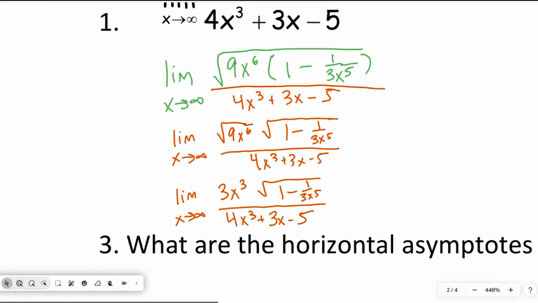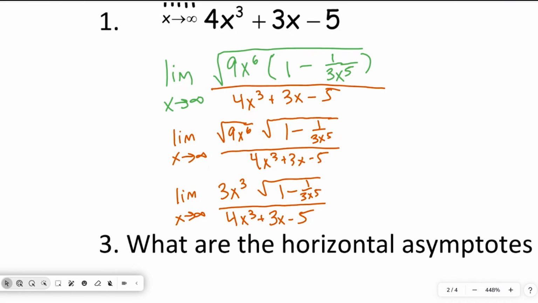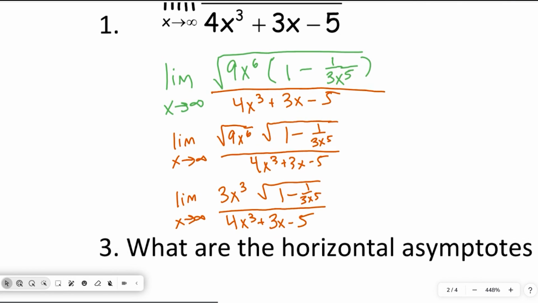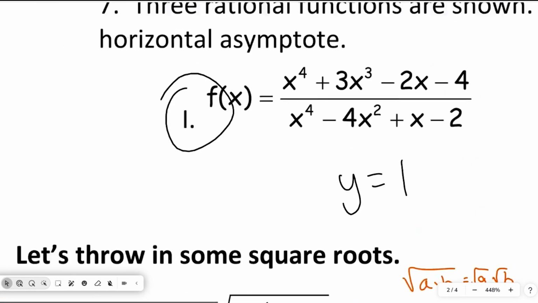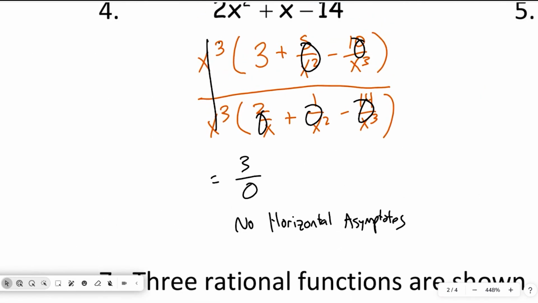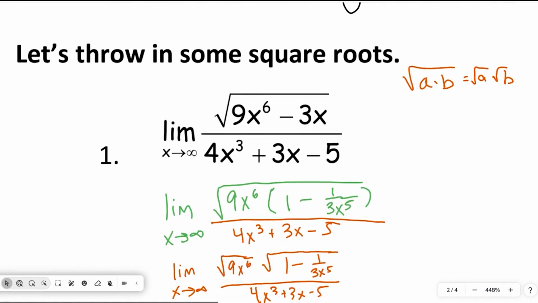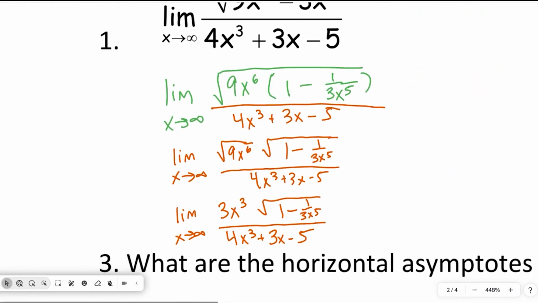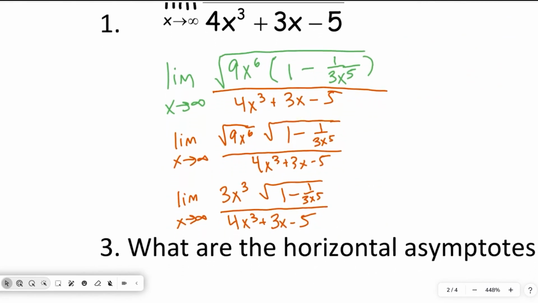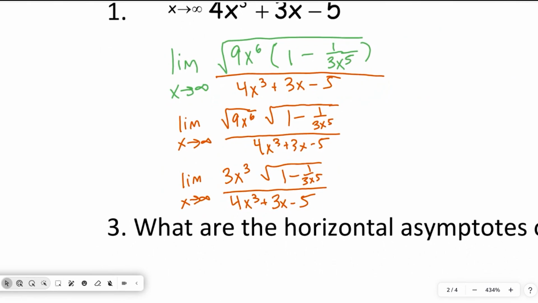Kind of running out of room here. Should give you more room to write this one. Okay, so now we want to get rid of that 3x cubed, kind of like on all these other ones, how we reduced that first thing to 1. But now notice we've got an x cubed on both the numerator and the denominator, so that's going to reduce really nicely. So let's factor out that x cubed.